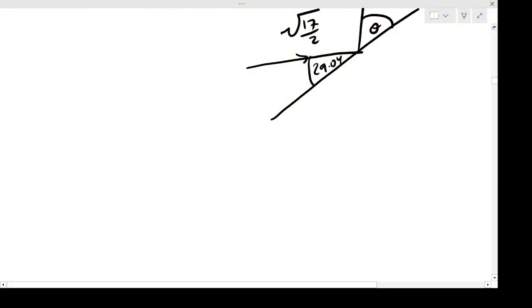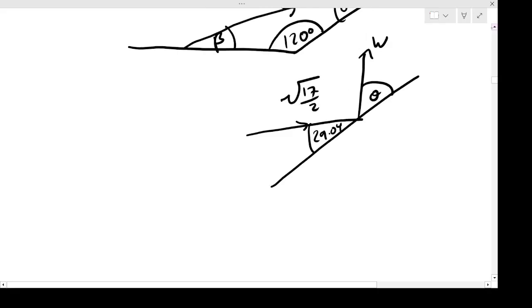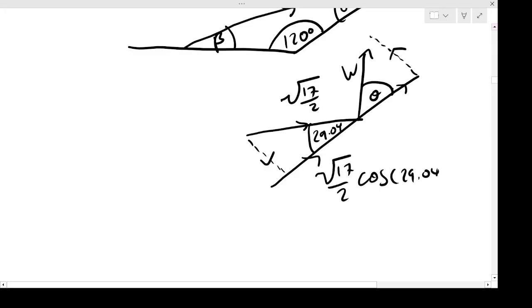And so there we are. Now we can split things up quite nicely. So it's going to go down like this, and then across like this, then up here. So this is going to be root 17 over 2 cos 29.04, and this is going to be root 17 over 2 sine 29.04.